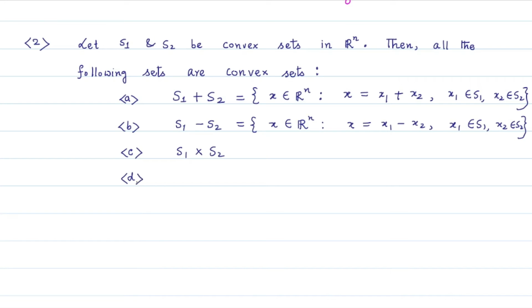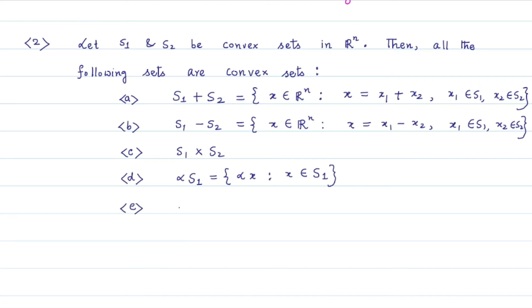A scaling of a convex set, by that I mean you consider any real number, say alpha, and consider the set alpha S1 given by the collection of all vectors of the type alpha times x, where x belongs to the set capital S1. This set is called a scaling of the set capital S1. Scaling operation of a convex set also gives us a convex set.